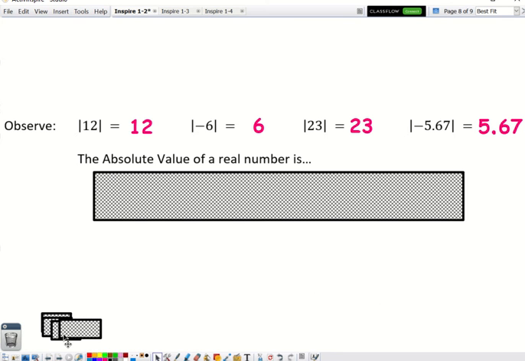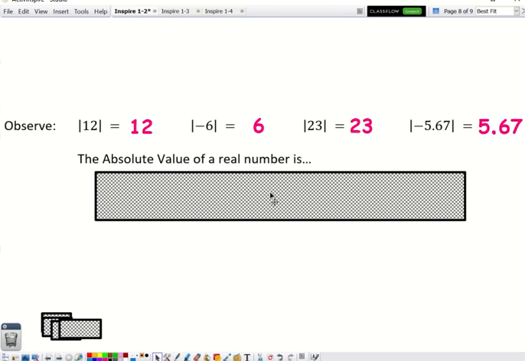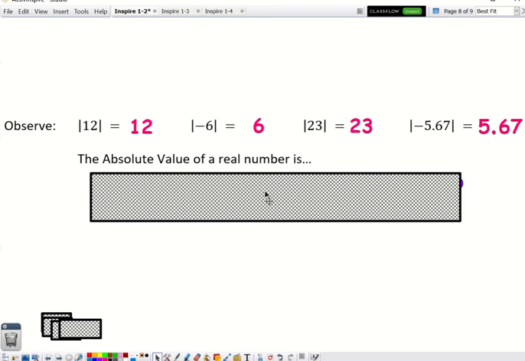And the absolute value of -5.67 is positive 5.67. Because absolute value makes something positive if it's not already positive. If it's already positive, it doesn't really do anything to the number. But that's not the official definition. If you looked in a textbook or on Wikipedia, or jumped on your Google machine and did a search on what absolute value is, what would it say?